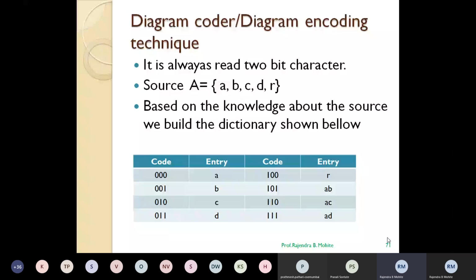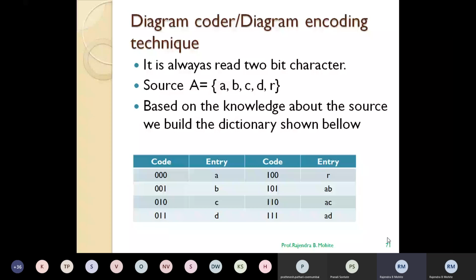For B, I am representing 001. For C, I am representing 010. For D, it's 011. For R, it's 100. So these are the available source symbols with you. Based on that, initially I design the dictionary, or in other words, this is the already given dictionary to you.